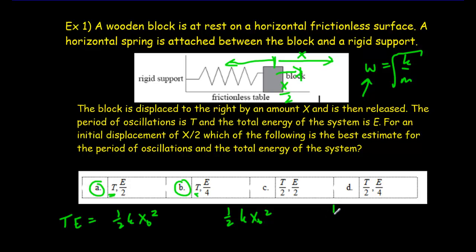Our new energy would be 1/2 k (x naught over 2) all squared, which is equal to 1/4 of 1/2 k x naught squared, which is 1/4 of the old energy, E. So our answer is this one here, B.